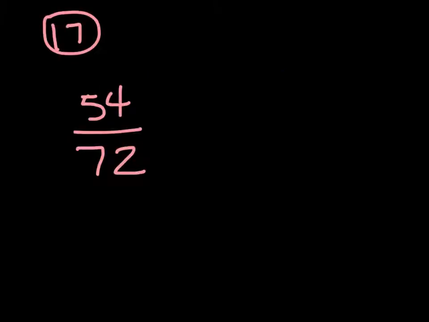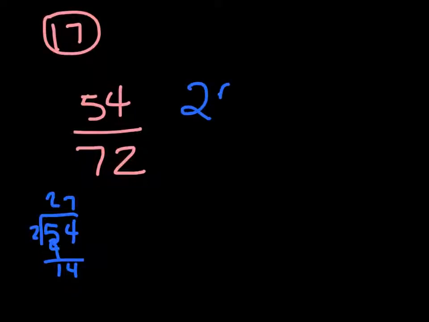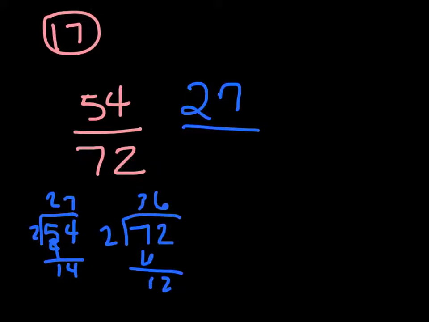Number 17, they're just wanting us to simplify. Again, because the 4 and the 2 are both even, we can divide them by 2. 54 divided by 2 gives me 27. And then 72 divided by 2 gives me 36.